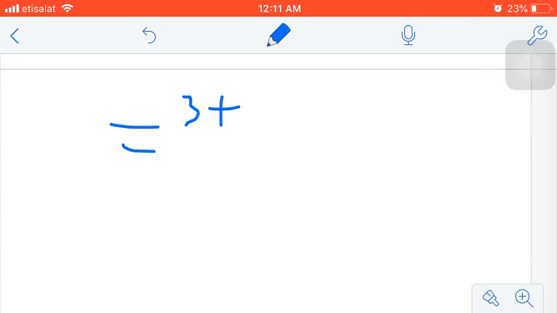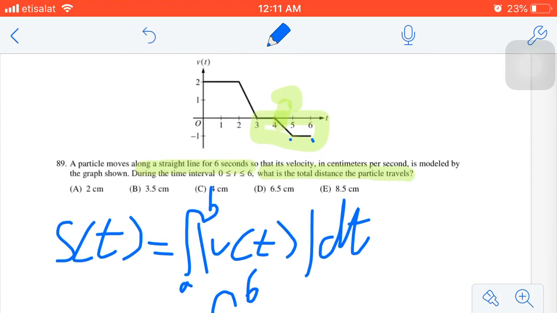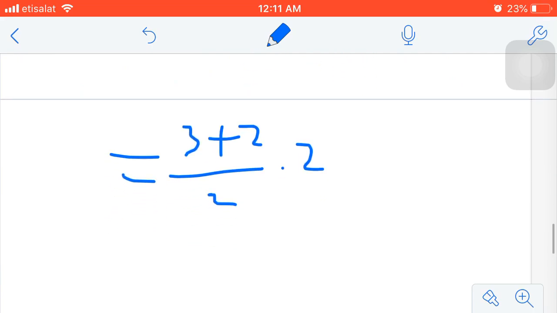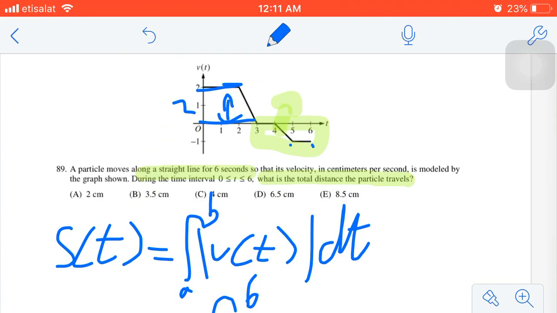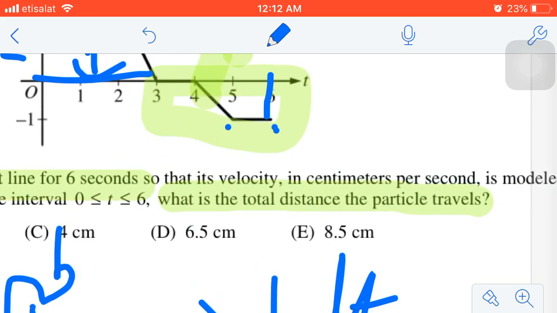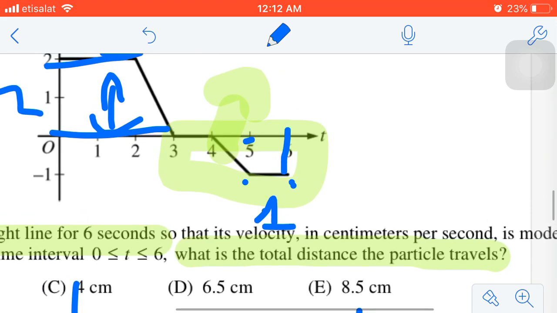So in this case it's 3 plus 2 over 2 multiplied by 2. We can see here this is 2, this is 3, and between it's 2, plus the area of the second trapezoid, which will be 5 to 6 is 1, and then 4 to 6 is 2, and the height between them is 0 minus 1, so 1.